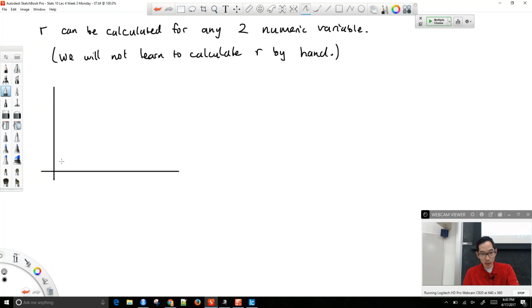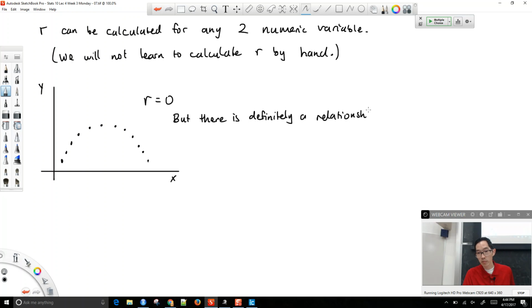But let me just kind of draw this. So this is a scenario where r would equal 0, okay? But is there a relationship between x and y? Okay, yes, there definitely is. There is definitely a relationship between x and y. Okay, it's a nonlinear relationship then.